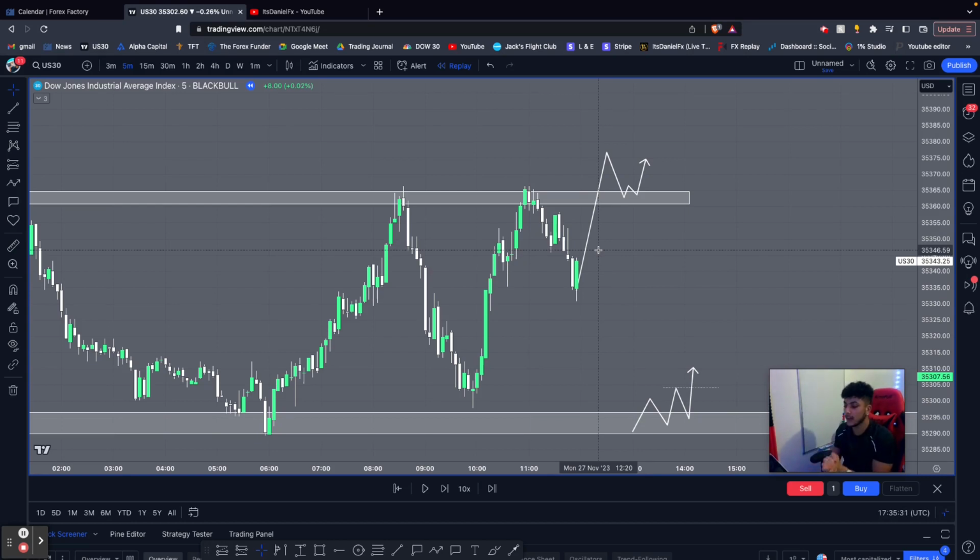Discretionary trading is having a set trading plan and having a set trading criteria, but ultimately you yourself as the trader are the trading plan and you are the system, and you're able to alter your plan slightly and fit it based off your market experience and your knowledge on that system, and you can use your best judgment to act accordingly. So discretionary trading is much more ambiguous and it's much more loose, it's fluid, because there is only kind of a set criteria for you to follow, but at the same time you are the trading criteria and you are the trading plan and you can do whatever you want.